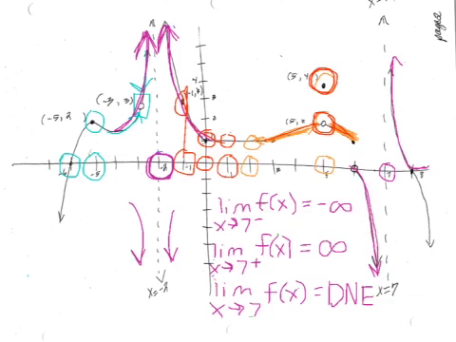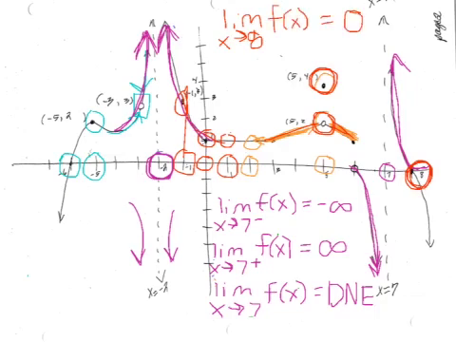If the arrows are going in different directions, the limit will not exist, just like it did at x equals 7. All right, for number 20, we want to find the limit as x approaches 8. At the x value 8, we have a point at 0. So the limit as x approaches 8 of f of x will just equal 0, since there is a coordinate there.